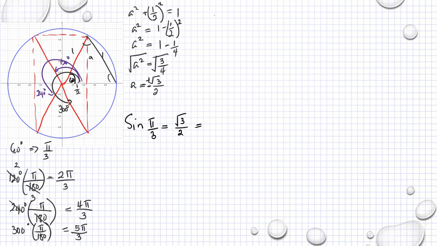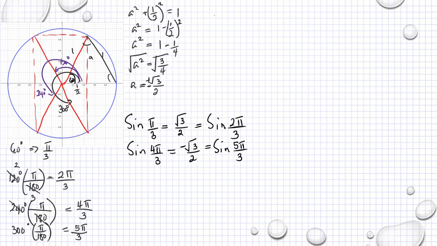And in the second quadrant it is also positive, so that means sine 2 pi divided by 3. For the negative, we have sine on the third quadrant, that is 4 pi divided by 3, that is negative square root of 3 divided by 2. And then we have also sine on the fourth quadrant, 5 pi divided by 3.